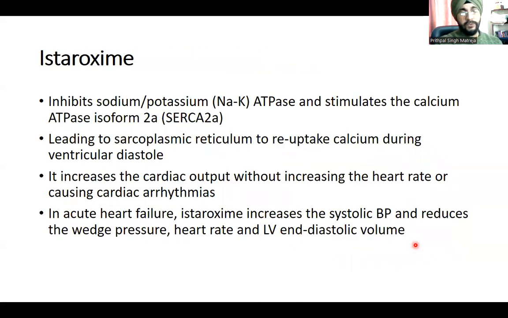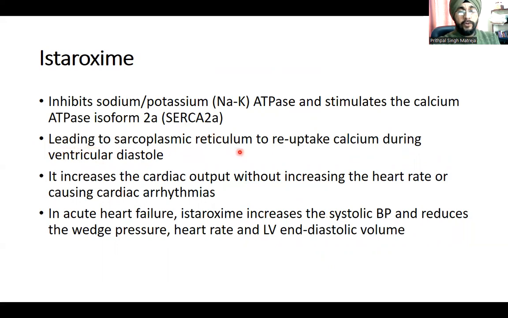Another drug that can be used is istaroxime. Now, this is one drug that tends to inhibit the sodium potassium ATPase and also stimulates the calcium ATPase isoform 2A that is located in the sarcoplasmic reticulum.